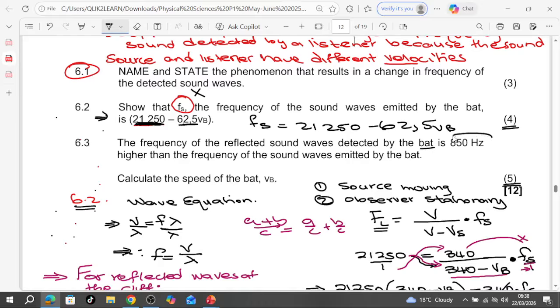It's 850 Hz higher than the frequency of the sound waves emitted by the bat. Calculate the speed of the bat, which is VB.